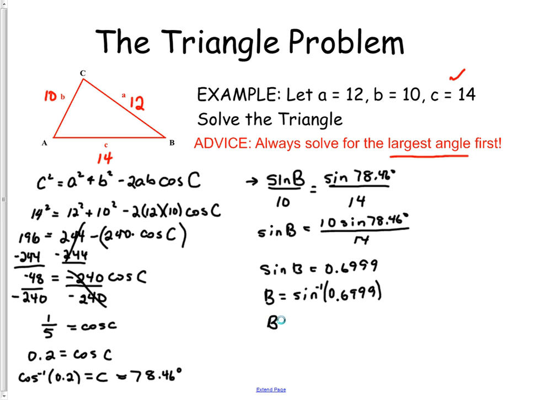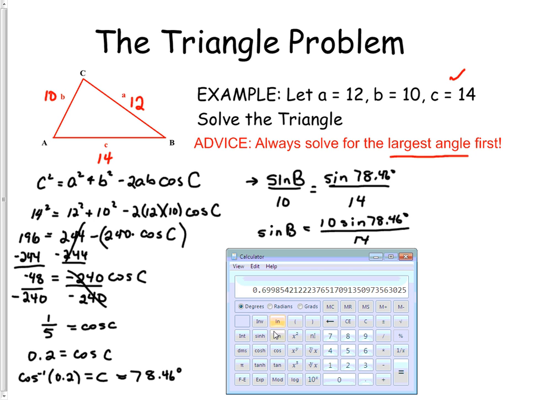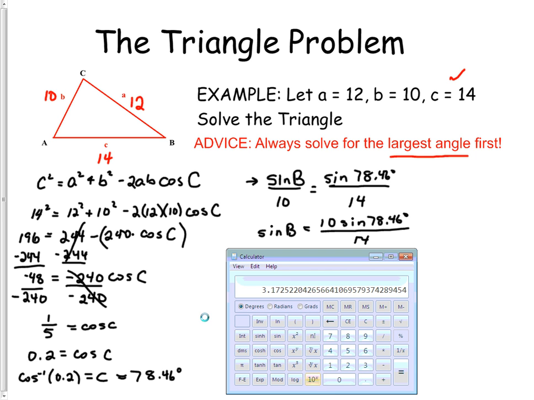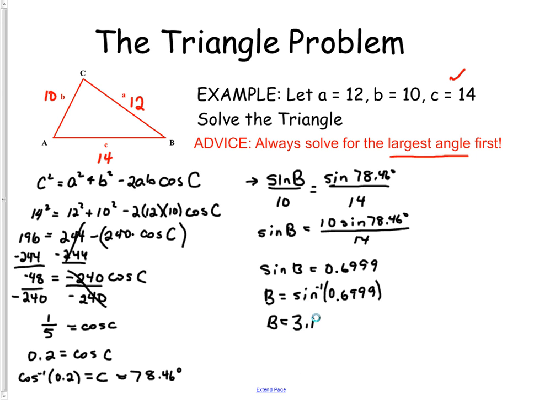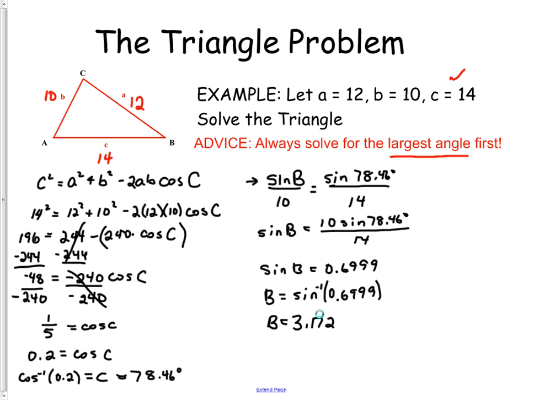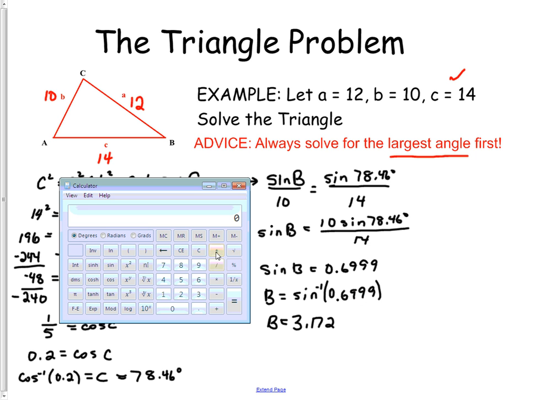Again using the calculator, take the inverse sine of that number, and I get 3.172. Well, checking my calculation just a moment, the inverse sine of 0.6999 is not 3.172, so I must have hit a wrong button.